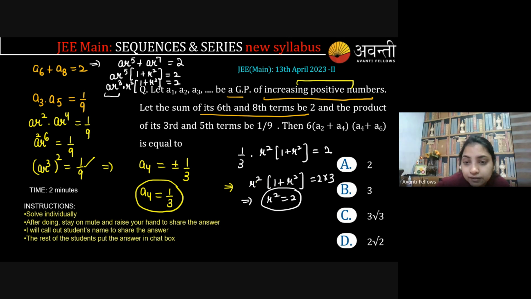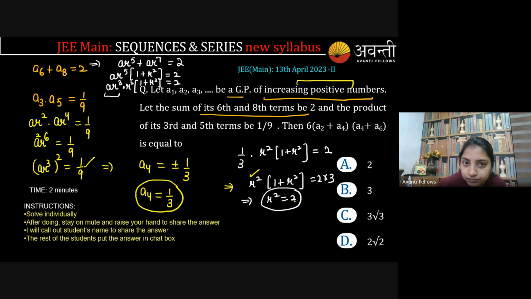Children, see carefully, this is a direct shortcut method which is taught to JEE students. Be careful, two consecutive numbers are multiplied on both sides, left as well as right. So just take the lesser number from the left and the lesser number from the right, or take the greater number from the left and the greater number from the right. I just took r square as 2. So r square value is 2.